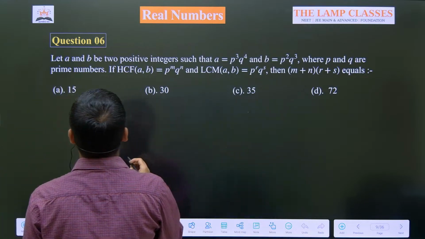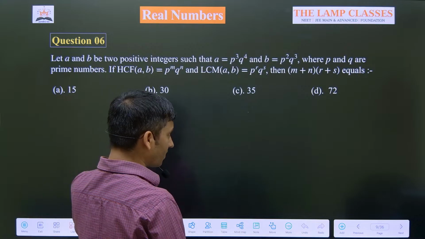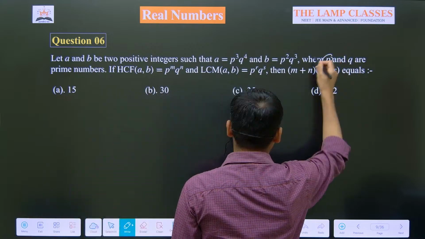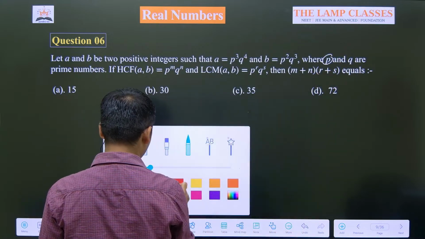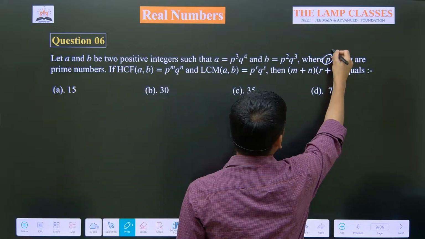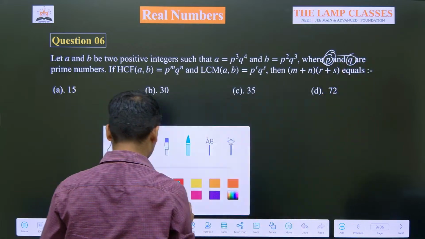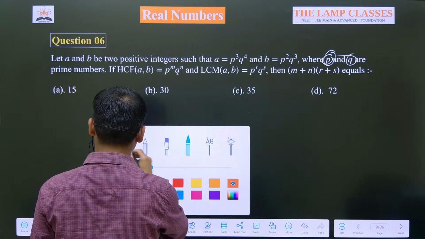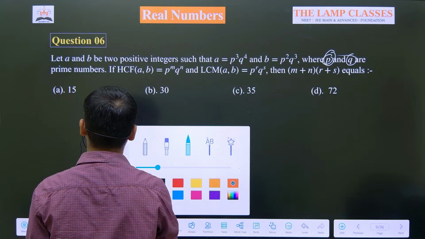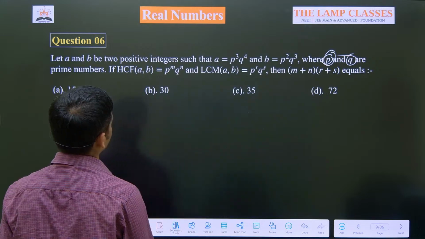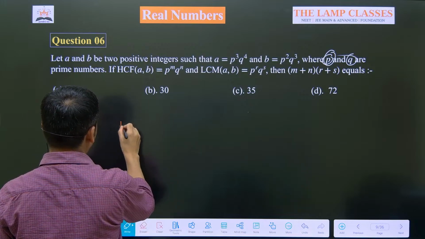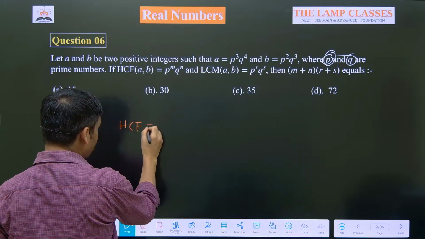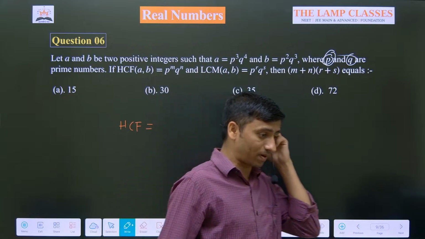So we have A and B positive integers and they have given P and Q primes, right? That's very important. Instead of numbers, they have given symbols. P and Q are prime numbers. So if I have to calculate HCF, the good part about these questions is you don't even have to do prime factorization.